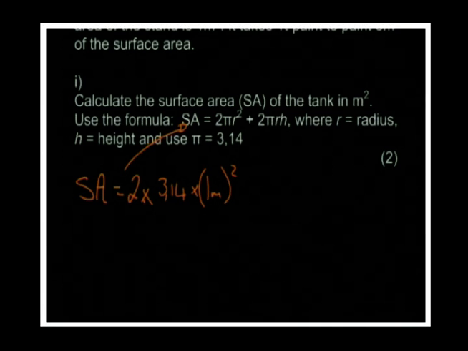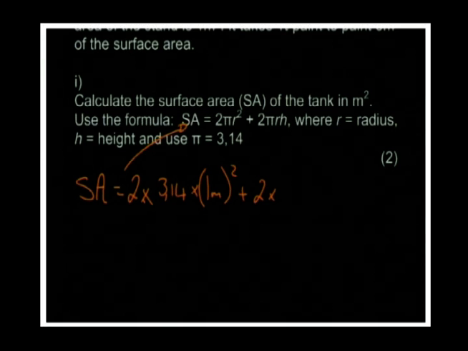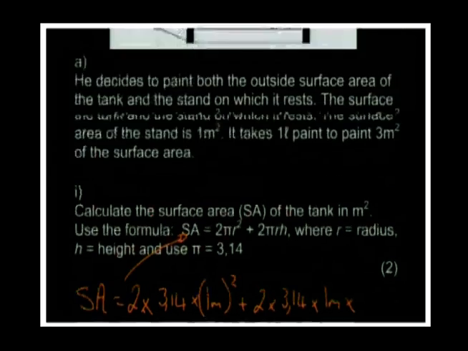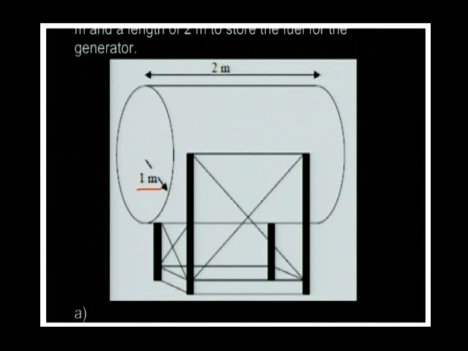Why? Because the formula tells you to do it. And if the formula tells you to square, then you square. Plus 2 times pi, which is 3,14, times the radius, which again we know is 1 meter, times the height. Now I want to point this out to you, because we've got a little problem here.